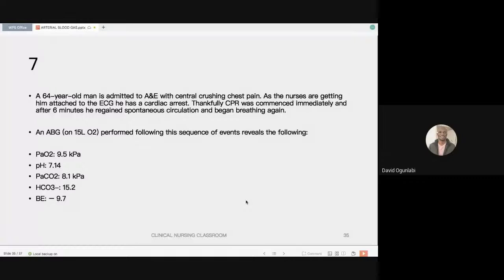Patient is on 15 liters of oxygen, and then you have these values. So interpret this. PaO2 9.5, pH 7.14, PaCO2 8.1, HCO3 15.2, and BE minus 9.7. So let's run through that. I will call someone to analyze for us.